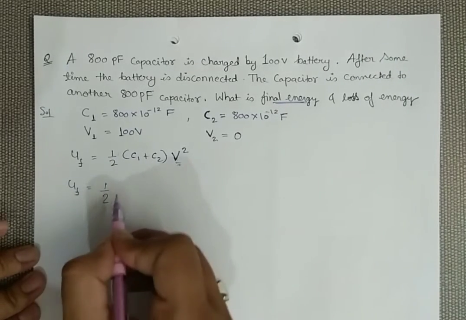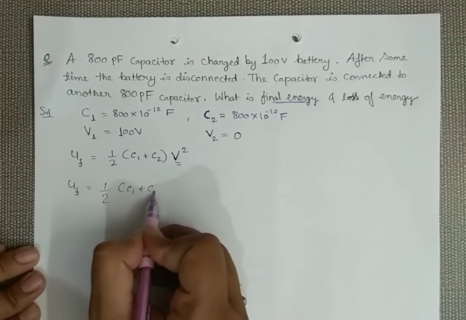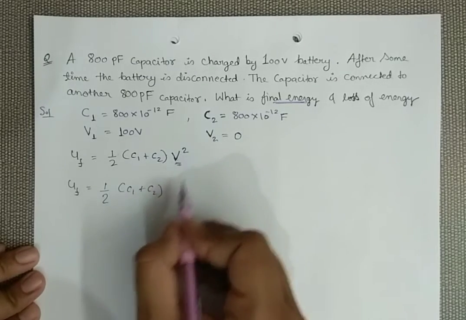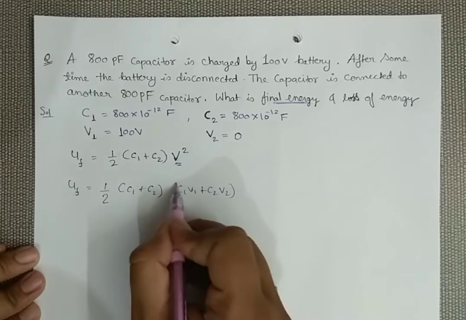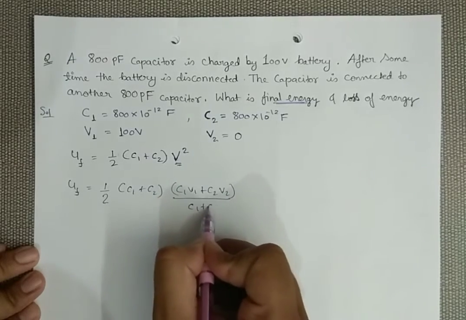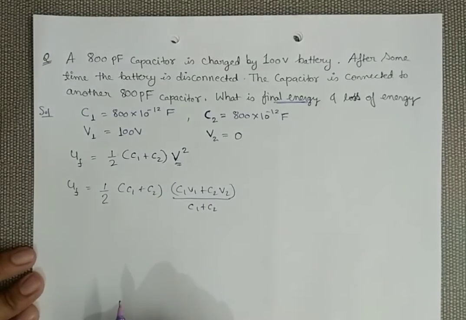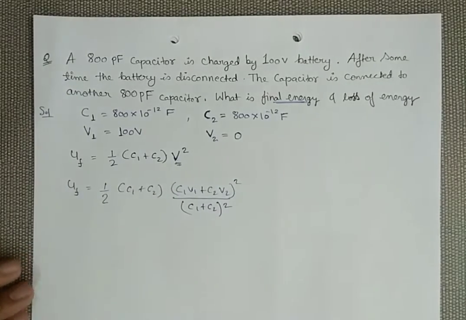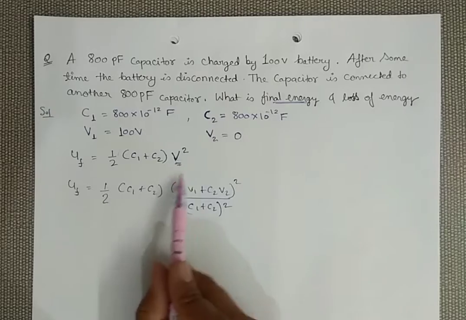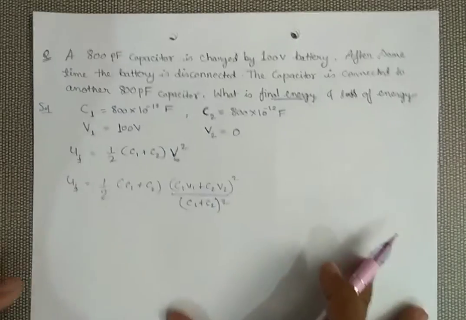So let me substitute. If you remember, the value of common potential was (C1 V1 plus C2 V2) upon (C1 plus C2). The square is here, so substitute here the square. This complete bracket I have used for common potential. Now substitute the values.